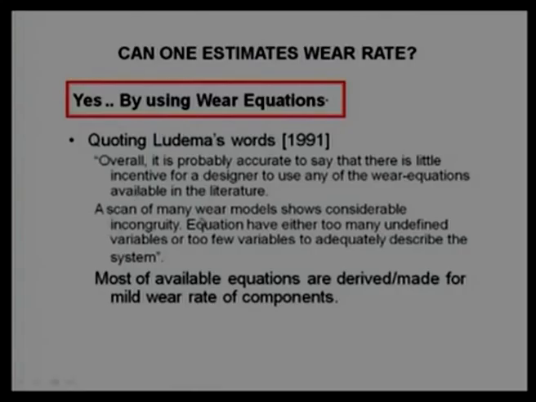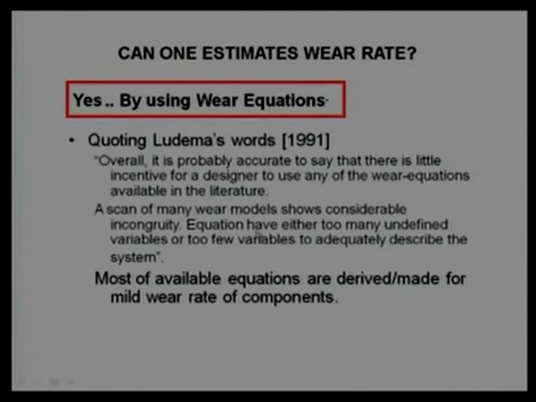He says a scan of many wear models shows considerable disparity or inconsistency. There is some variation from one equation to another, and people are not converging to one equation except Archard's model.